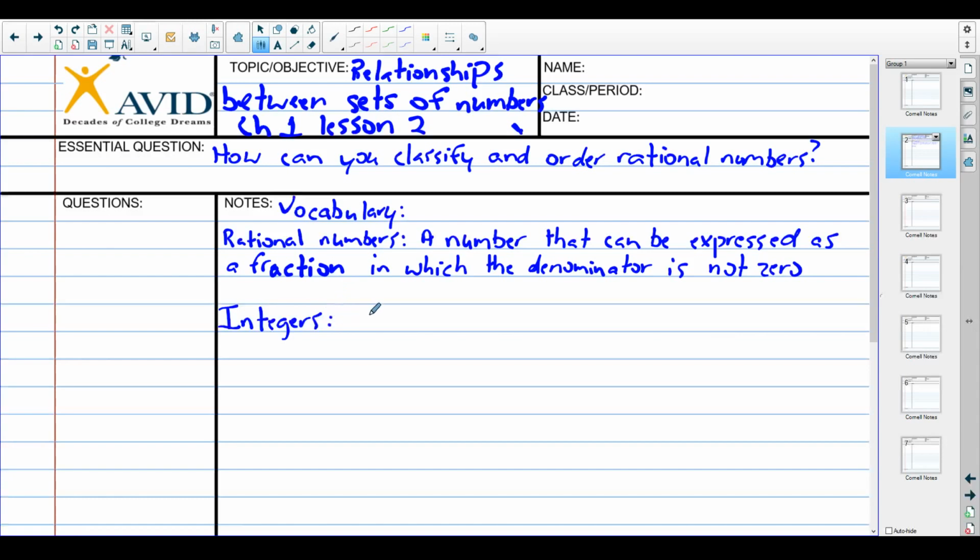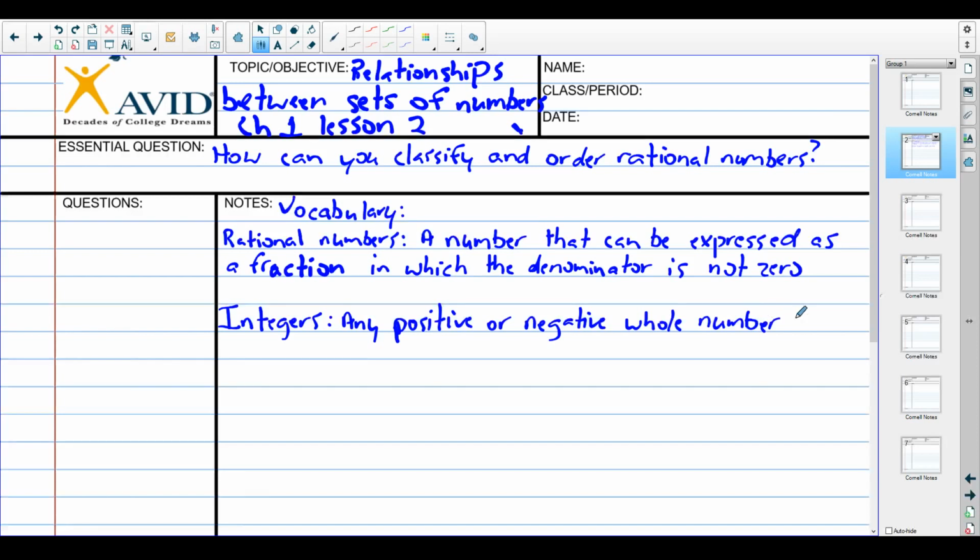And an integer is any positive or negative whole number. And we're going to see what whole numbers are in a second here.